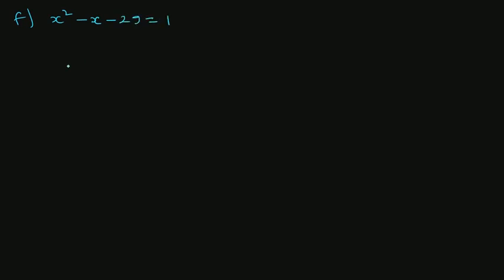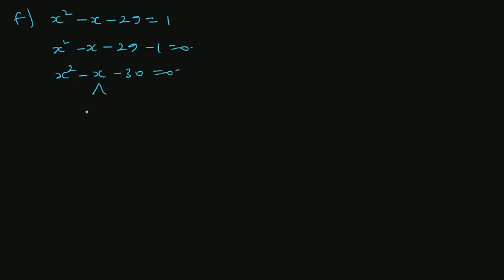Equals 1. So what we do here, we need a 0 on the right hand side. So take a 1 to the left hand side, which will be x squared minus x minus 29 minus 1 equals 0. When we simplify, it will be x squared minus x minus 30 equals 0.